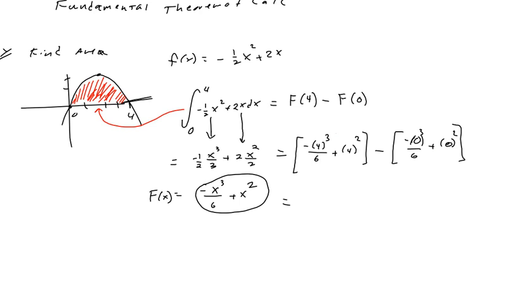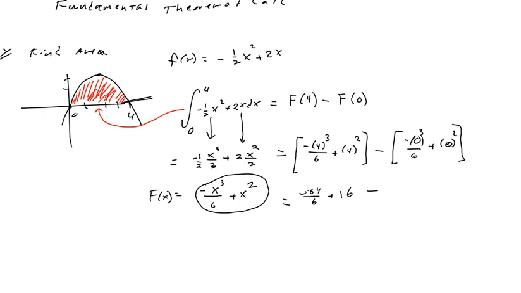What's this going to be? 4 cubed is, let's see, 64, is that right? 4 times 4 is 16 times 4 is 64. Yeah, so negative 64 over 6, plus 16.